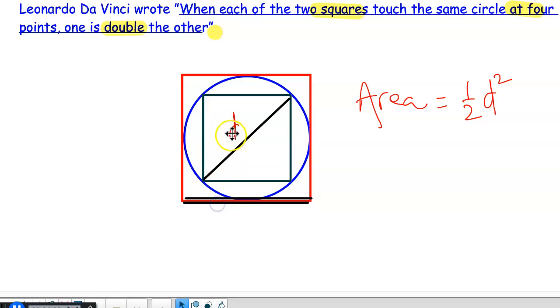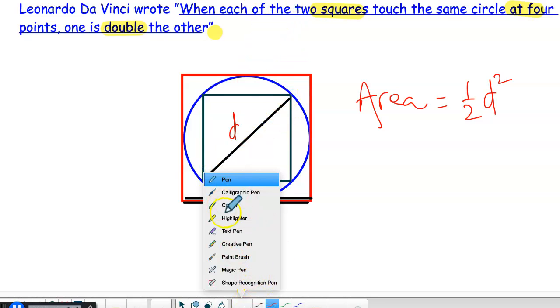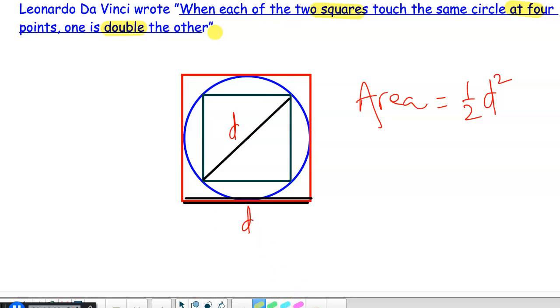And what is the measure of this diagonal? We considered that to be just a d, right? This is your d. Okay, this one is d, the diameter and the diagonal. Even the measure of this side is also d.